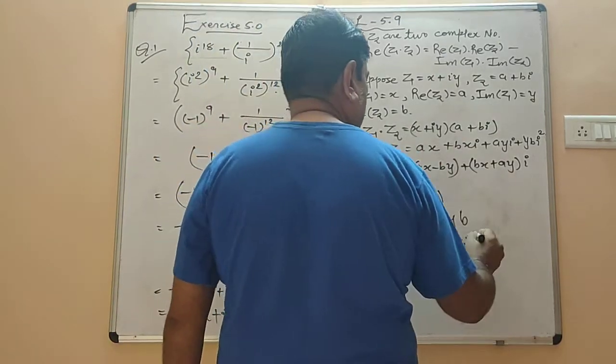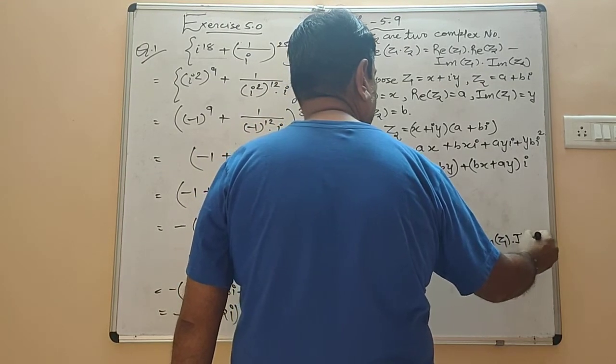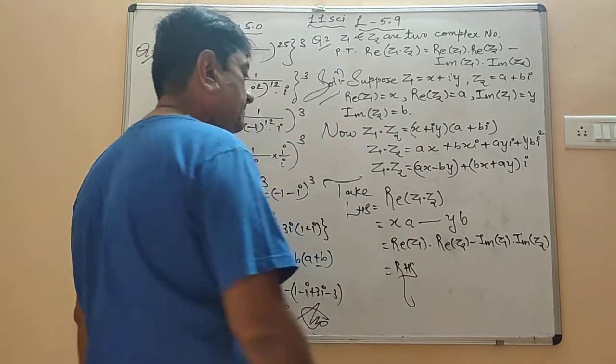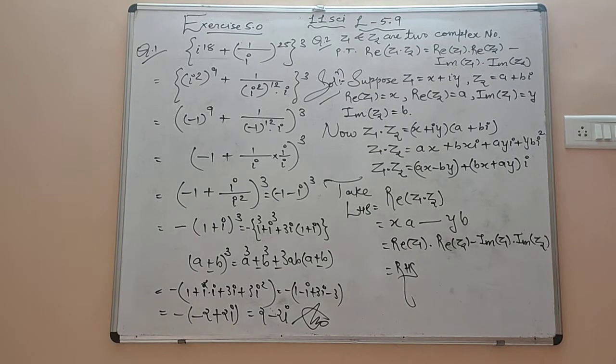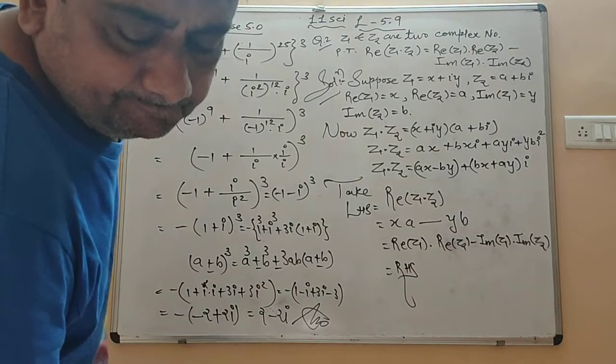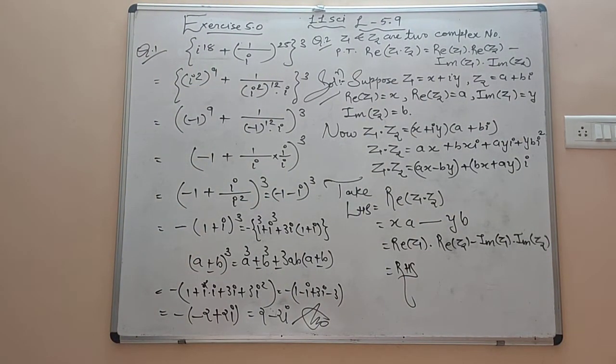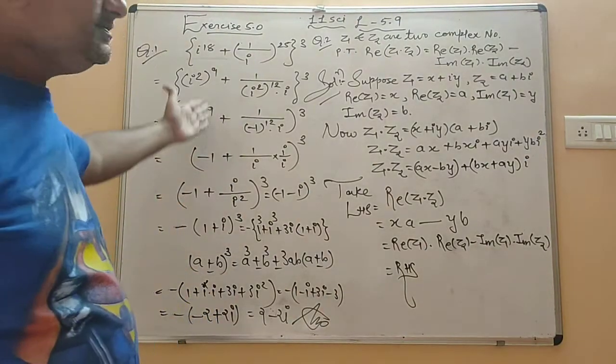Y is imaginary part of z1 into imaginary part of z2 and it is proved. ये प्रूव हो गया, देख लो एक बार देख लो सम पूरा. तो आपको समझ में आ गया होगा.